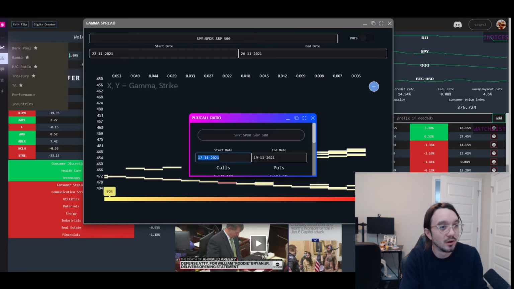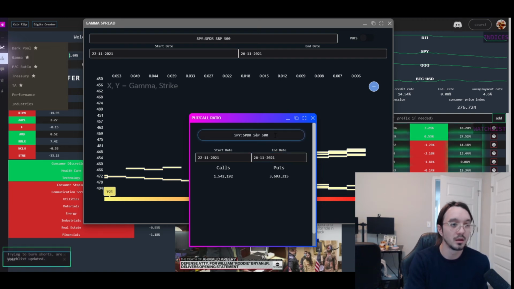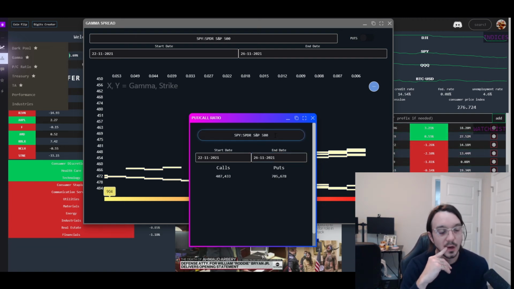So let's go ahead and open PC ratio again. We'll do 26 on this one, right? 26/11/2021. Okay, the ratio is pretty similar. Meaning that if they buy only a couple calls, while they're still rather expensive, they'll make plenty of money due to delta, meaning the change in the price, just merely upward momentum.